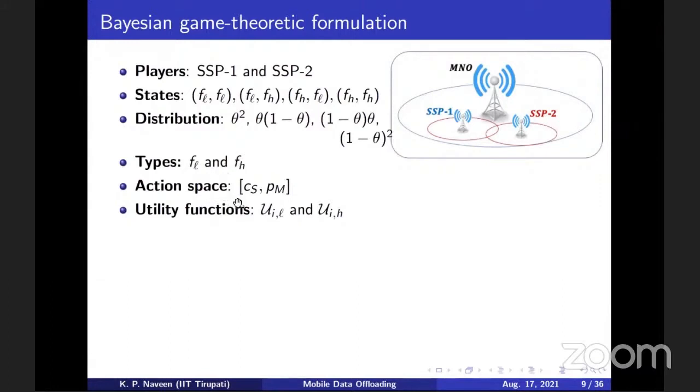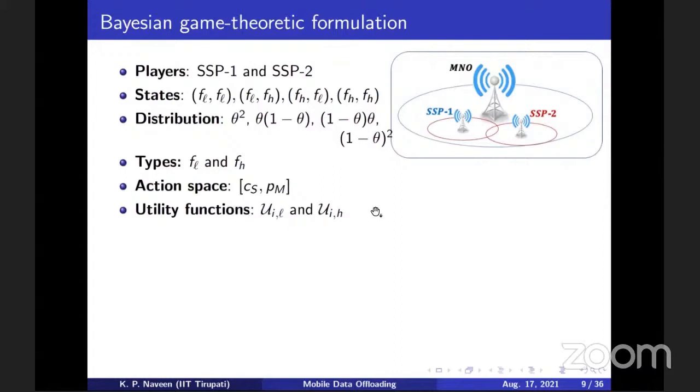And then what is the action space? As mentioned earlier, it can set any price, but any price beyond PM or less than Cs is not economical. So we'll fix this as the action space, and the SSPs can choose a price in this interval. And these conditional utilities or payoffs, I'll call the utility function.